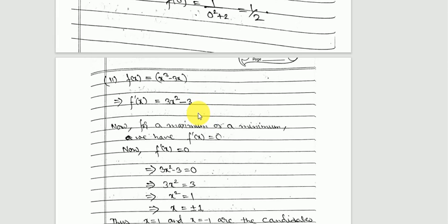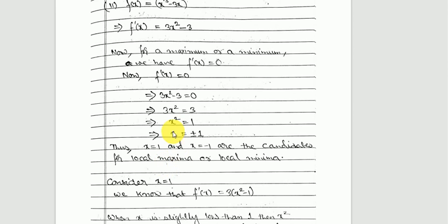So we want to find at which points this derivative will be 0. After solving this, I get x equal to plus minus 1. So I get two values of x, 1 and minus 1.